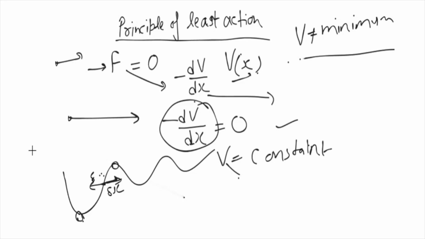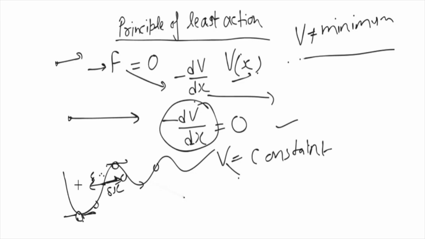Let's think about a small displacement of x. At the moment, it is not necessary that it is at the minimum. It is not necessary that it goes to the right or to the left, or to a maximum; we are just making a small movement. We might be anywhere. We can be here, here, here, or here.